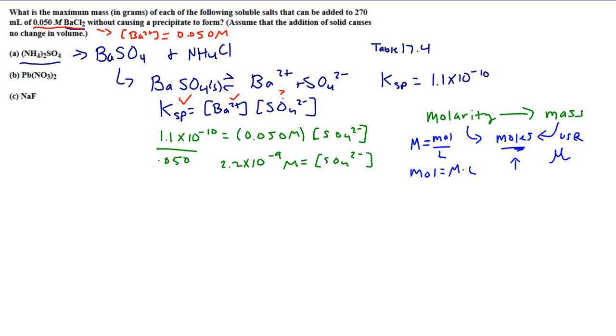Alright, so back to the problem here. We're going to take molarity times liters to get to moles. So our molarity for right now, we're at the sulfate ion, SO4 2 minus.